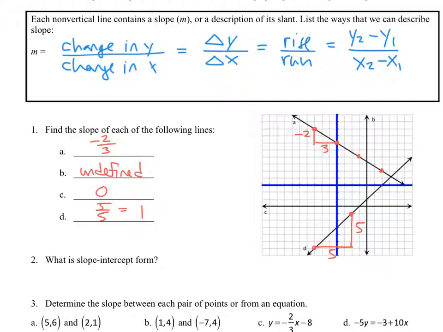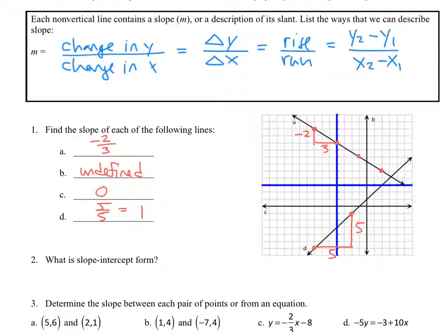Now, notice any line that goes up from left to right is going to have positive slope, like line D. Any line that goes down from left to right or decreases will have negative slope, like line A. A vertical line will always have undefined slope. It has no slope.